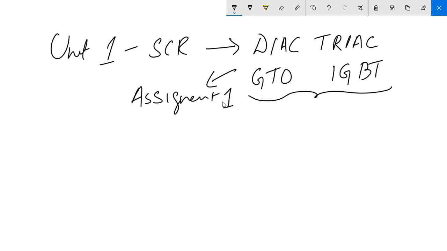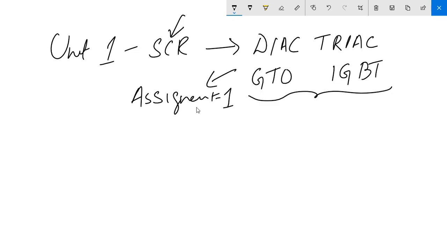You have to study the characteristics of these devices in a detailed way, just like what I have done with the SCR. How we did it with the SCR, you have to write about it and get clarity of it. This is for your assignment number 1.